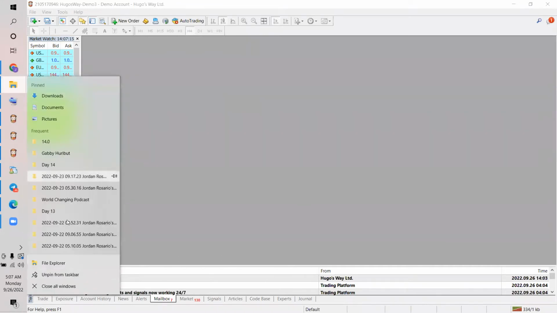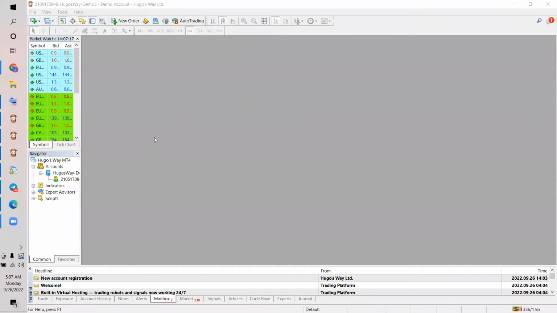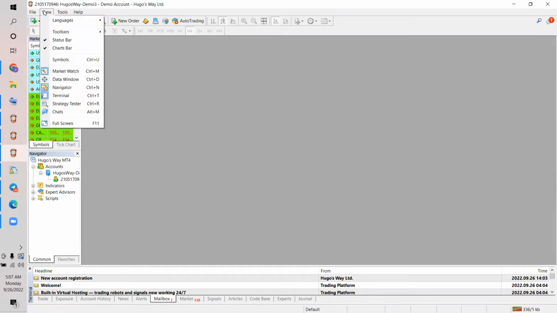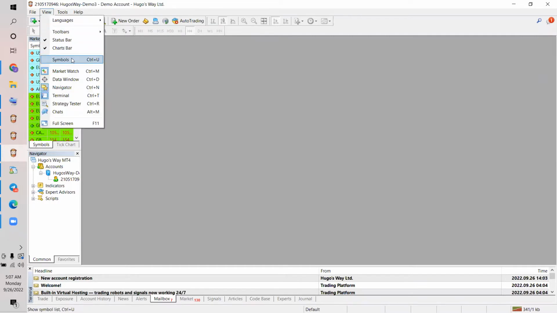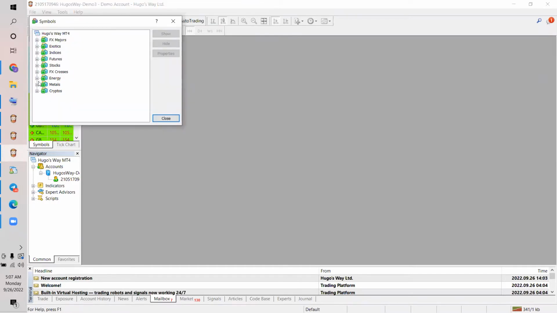Okay, everybody, I am back ready to go. Now the next thing I'd like to do is add in the pair that we're going to trade. I'm going to left click on view, left click on symbols, and go into my metal section. We've already done silver, we've already done gold, and we're working on platinum.